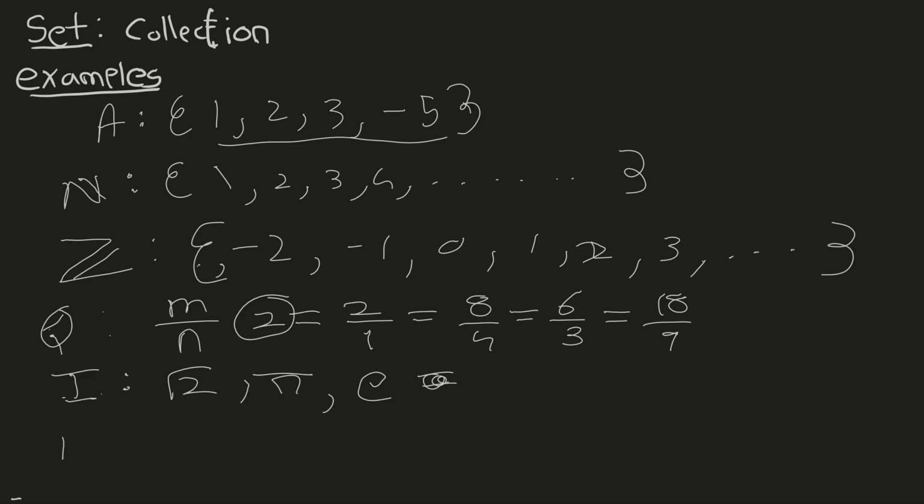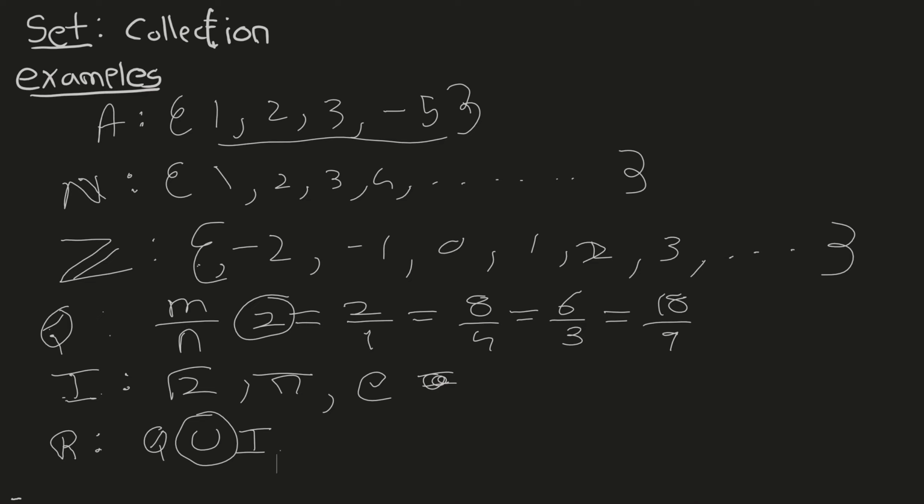Now let's look at the real numbers, which are really important for us because we're doing real analysis, of course. The set of real numbers is basically all numbers, including the rationals and the irrationals. Now this is the notation for union of sets, which we'll look at next.